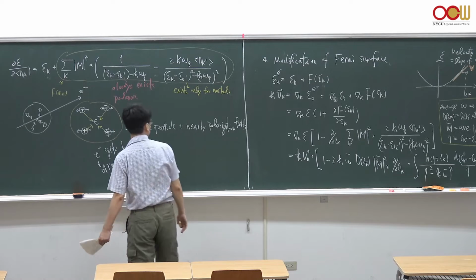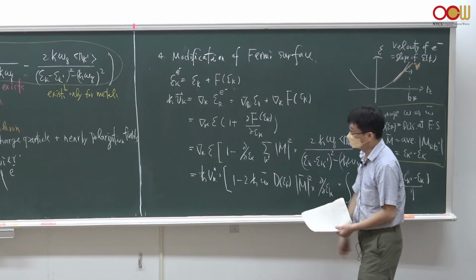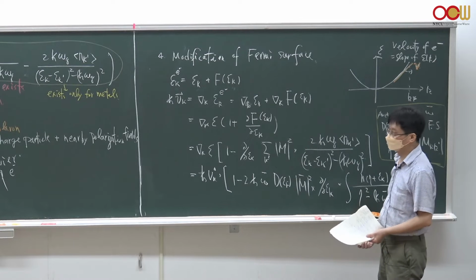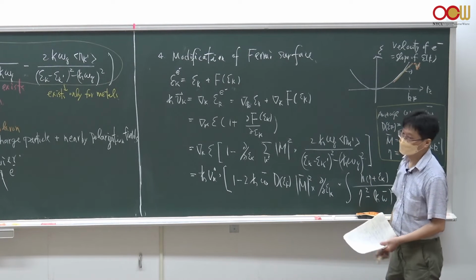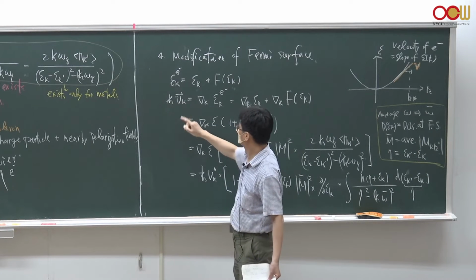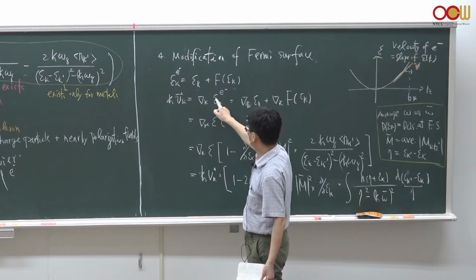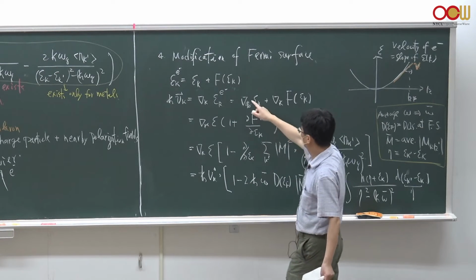And you can evaluate the slope of the electron dispersion, which is the velocity of electrons. So the velocity of electrons is given by the gradient of this electron dispersion, and it consists of two terms.